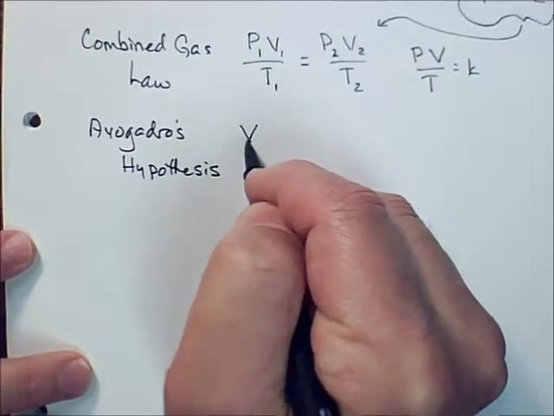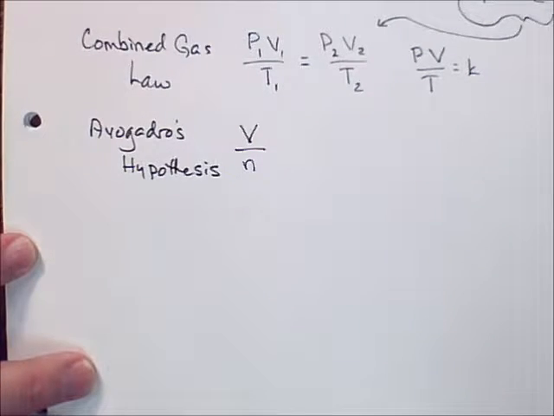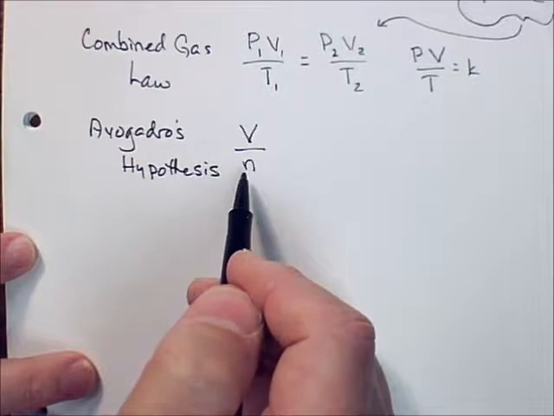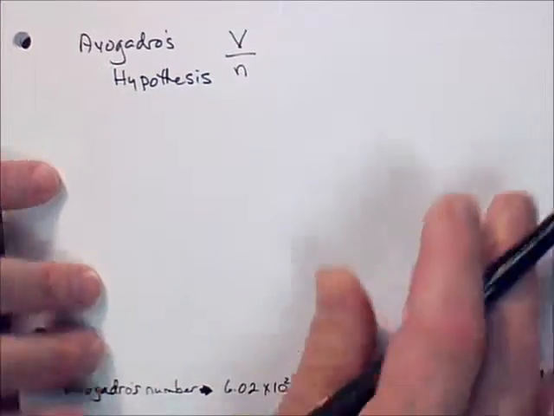the volume of a gas divided by the number of particles of that gas. In our case, we're talking about moles. N stands for moles, just like this equals a mole down here.